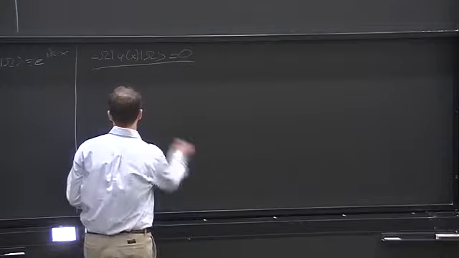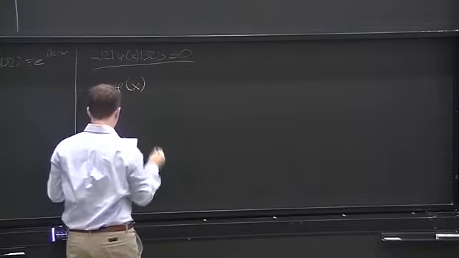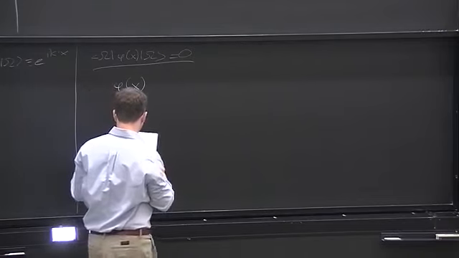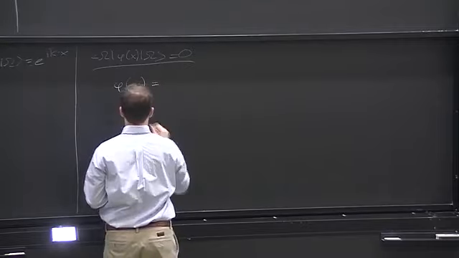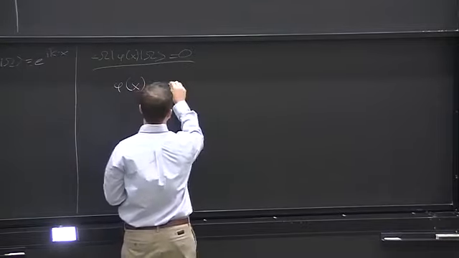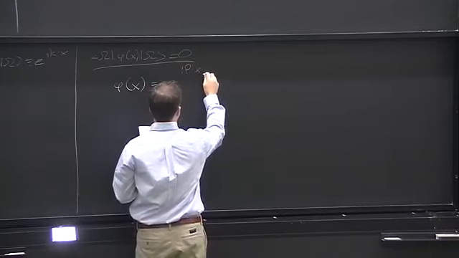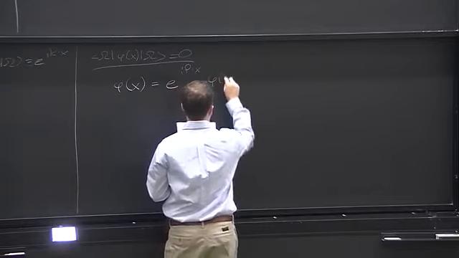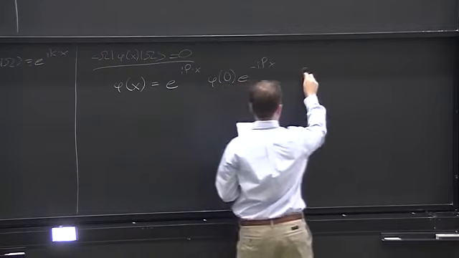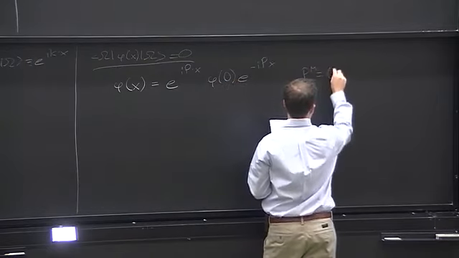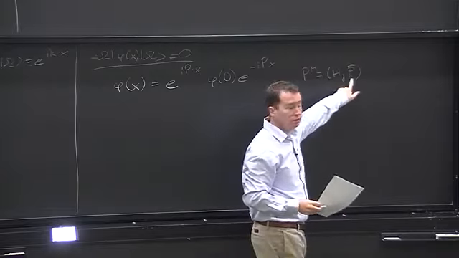So basically, the only thing we know is that we can write our field as phi(x) = e^{iP·x} phi(0) e^{-iP·x}, where P^mu is H and p, the Hamiltonian and momentum operators.